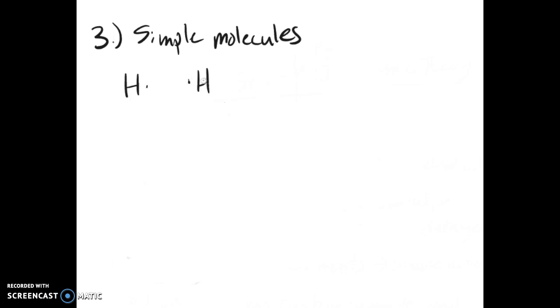Now for 3, we're going to start getting into simple molecules. So, for a quick example, we have 2 hydrogens that are bonding. In order to draw them together, they share electrons because it's a covalent bond, so you put them together like this. To help you visualize it better, let's use some different colors.